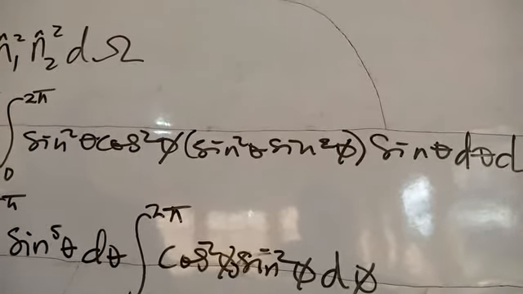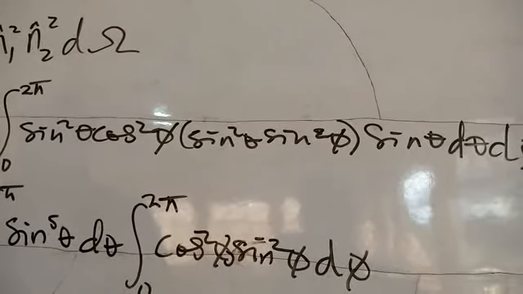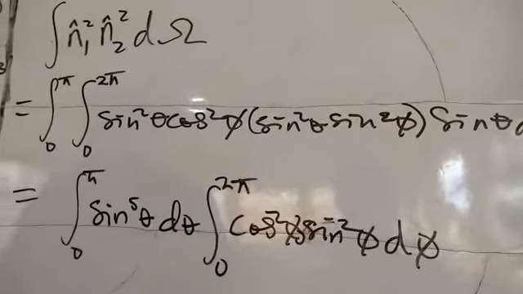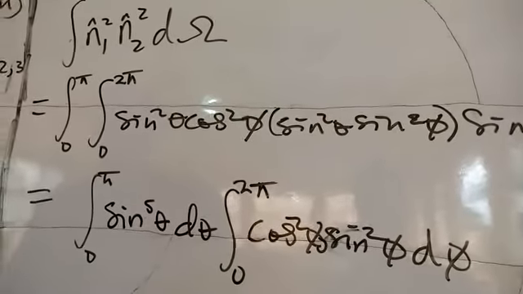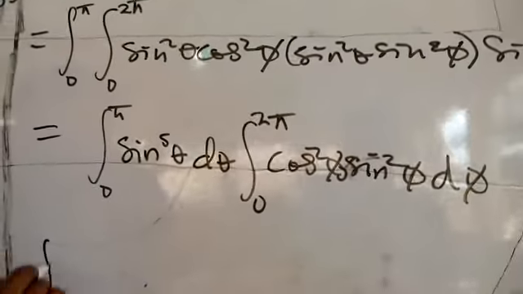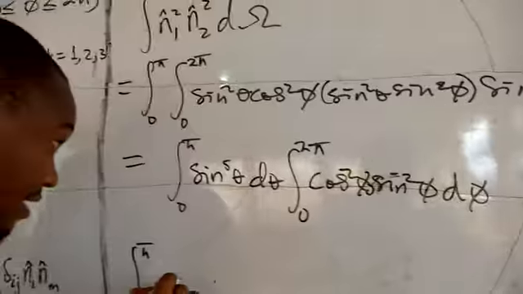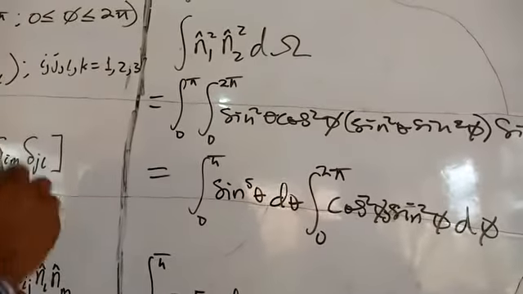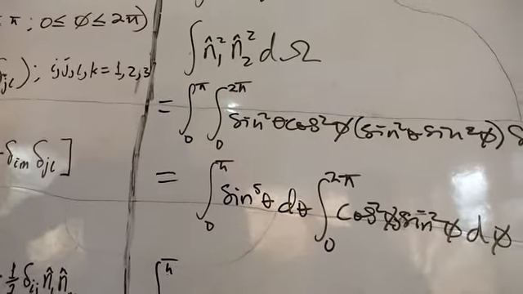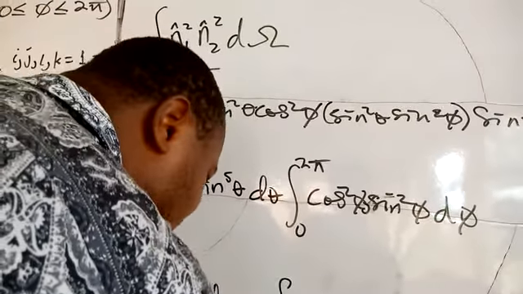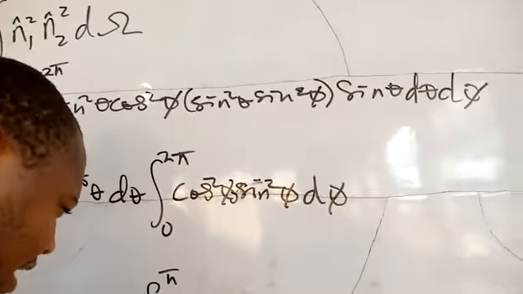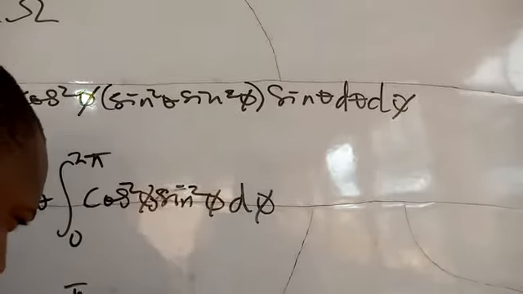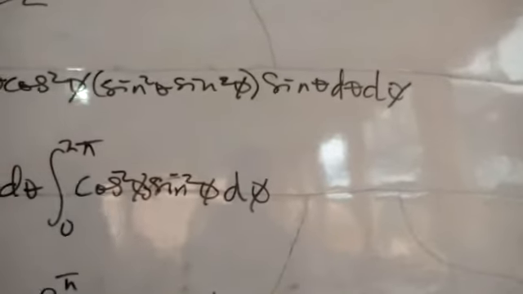At this point in time, I'm just going to take this one factor after another. For instance, in this first case, I can say, for instance, integral from 0 to pi of sine to the 5 theta d theta. One way to proceed is to write this as the integral from 0 to pi of sine cube theta sine squared theta d theta.